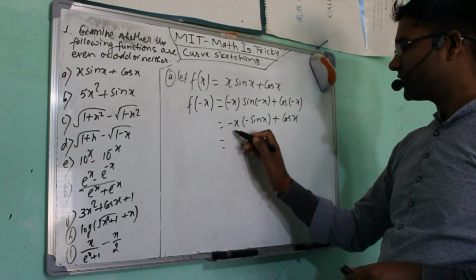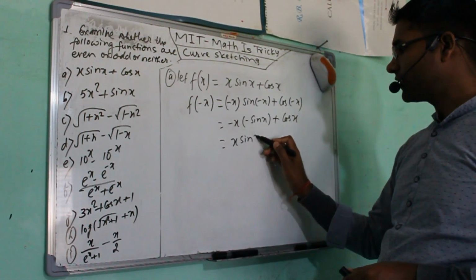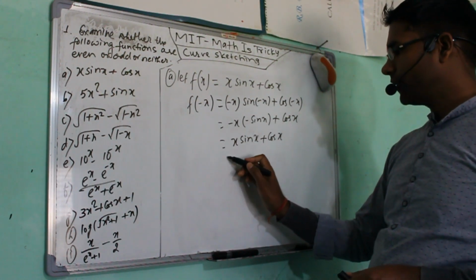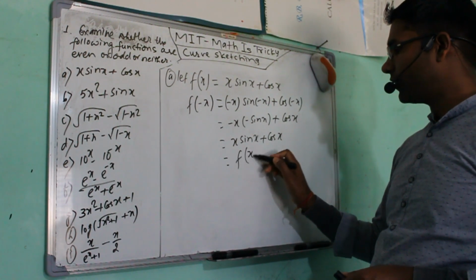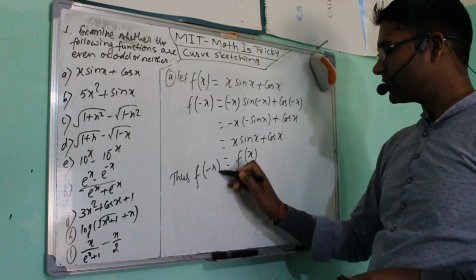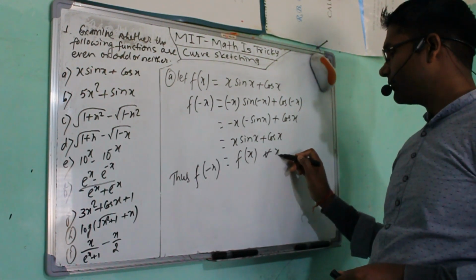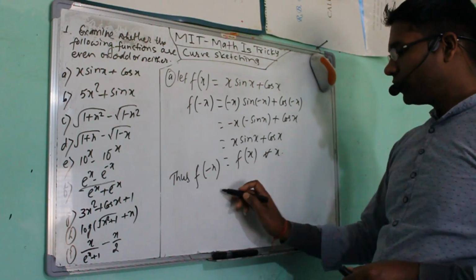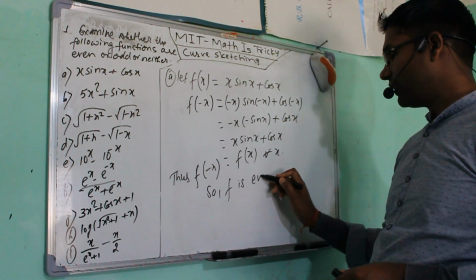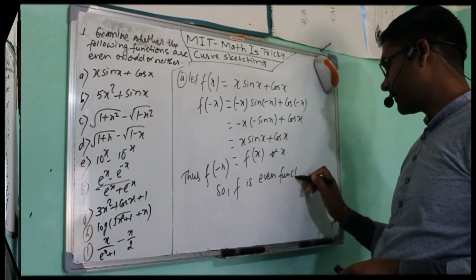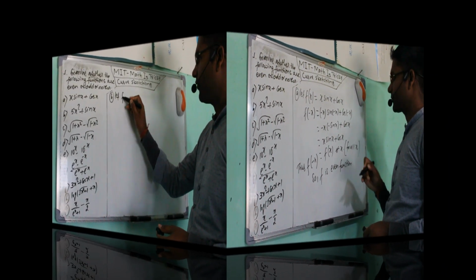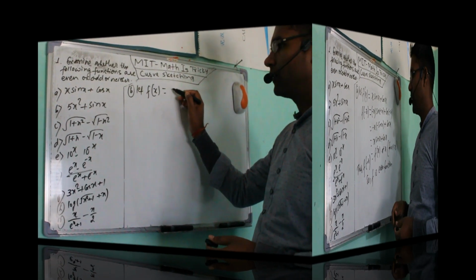So it will be minus minus plus, x sin x plus cos x, which is simply f of x. Thus we have f of minus x equals f of x for all x, so f is an even function. This is our condition.